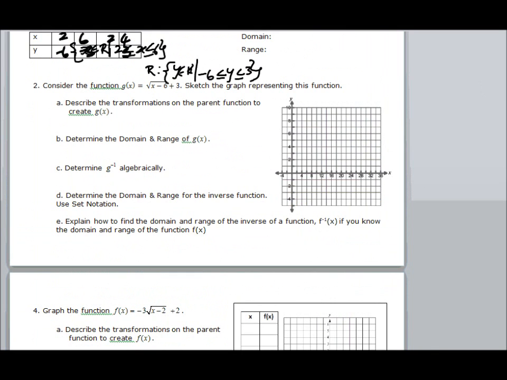Let's look at the second question now. So he says, consider this function g of x is equal to square root of x minus 6 plus 3. Sketch the graph and represent this function. To give you a hint here, look at the main function. In vertex form this would be g of x is a times square root of x minus h plus k.